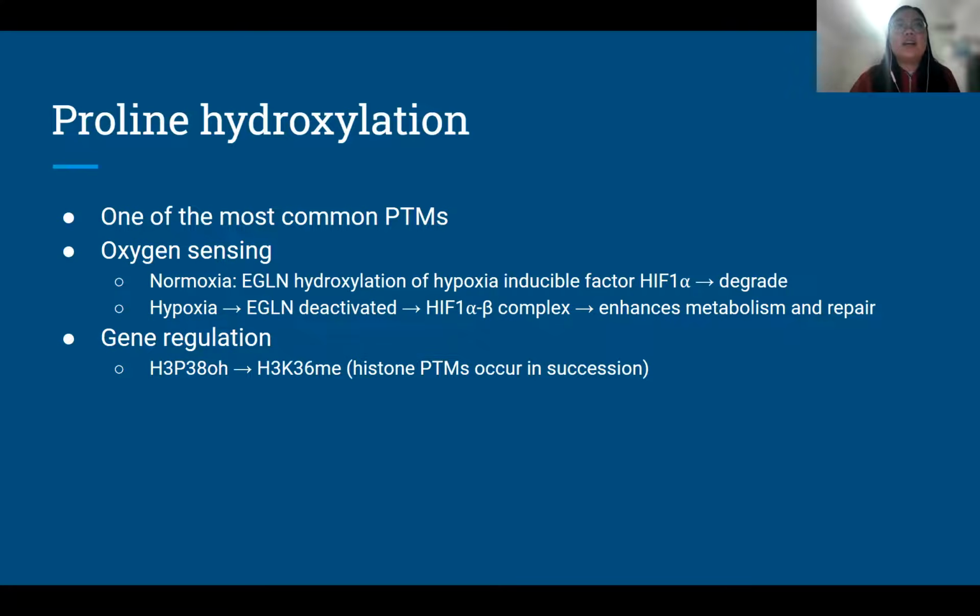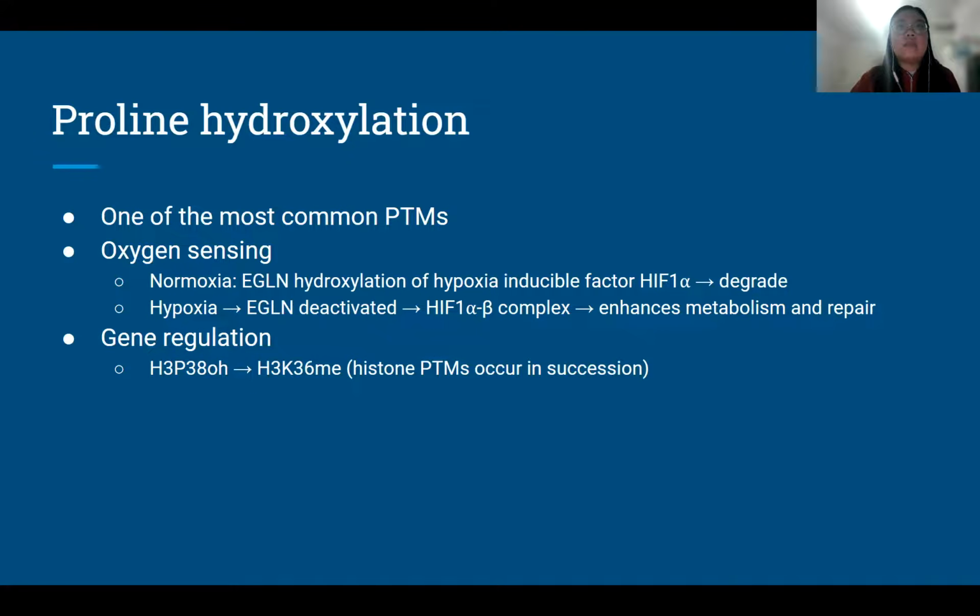If EGLN is under a normal oxygen level, it will hydroxylate hypoxia-inducible factors, and this will ultimately lead to the degradation of this HIF. If it's degraded, there wouldn't be anything happening after the transcription of the factor. However, under hypoxic conditions, EGLN would be deactivated, mechanisms for which we'll go into later.